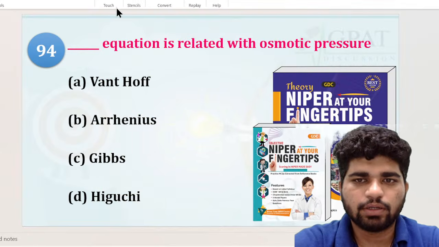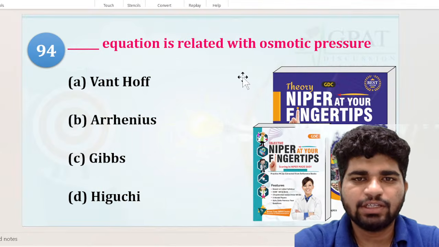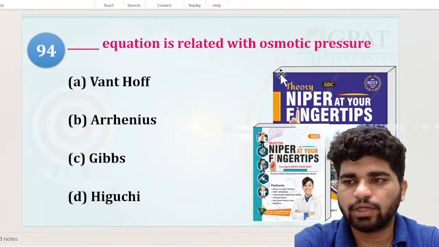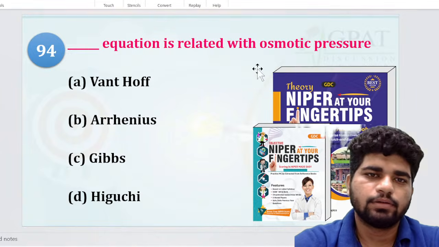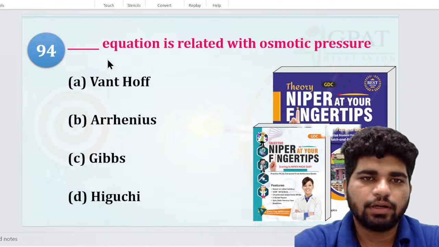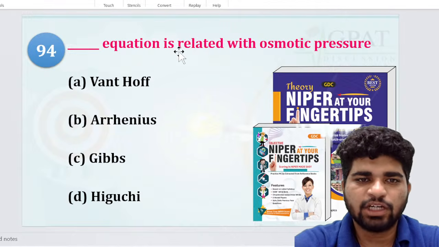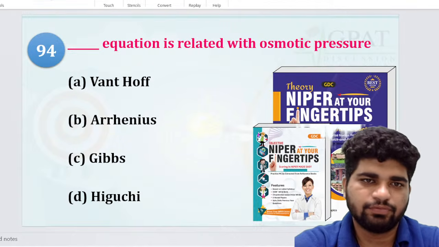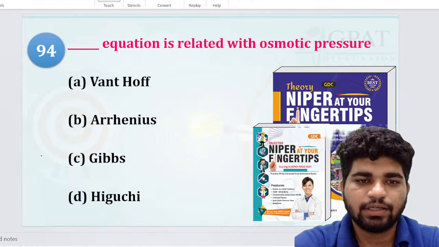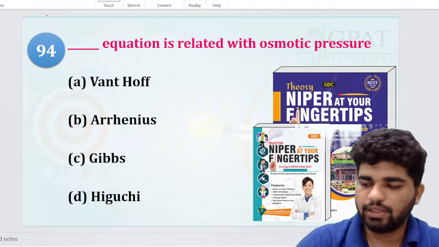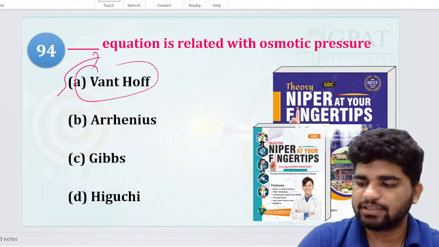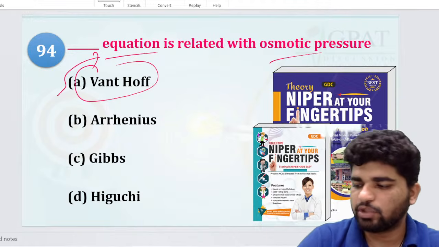Now this one. The Van't Hoff factor equation is related with osmotic pressure, guys. Options: Van't Hoff, Arrhenius, Gibbs, or Higuchi. Van't Hoff is related with osmotic pressure.